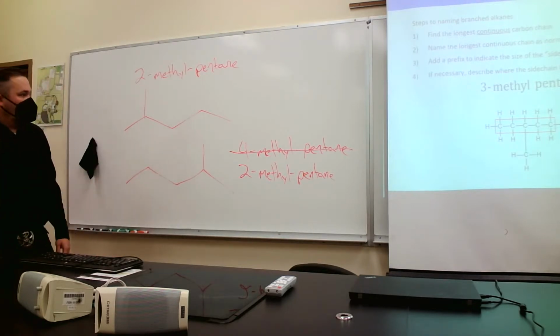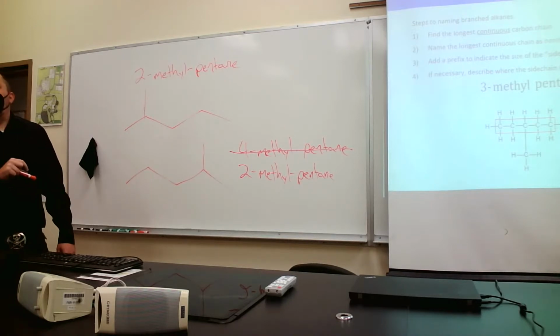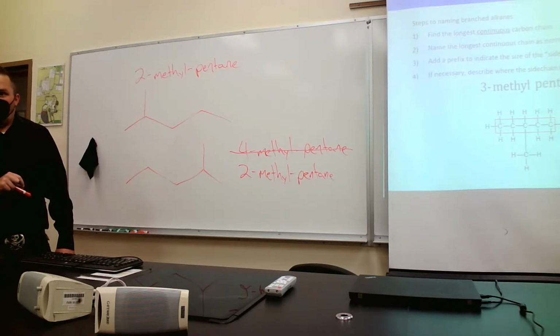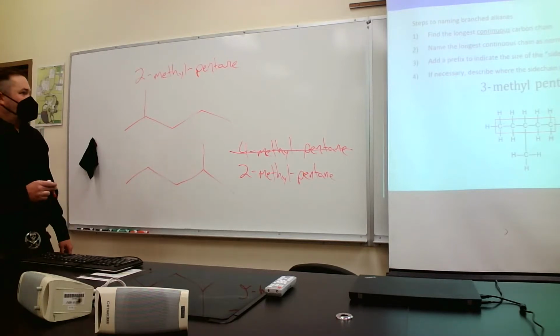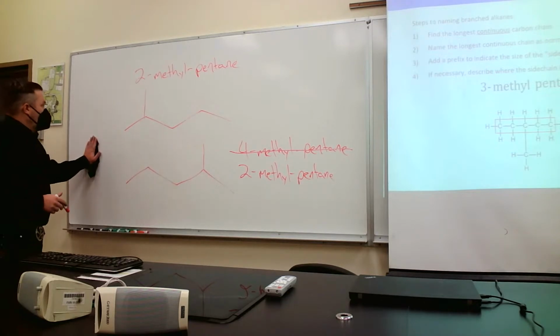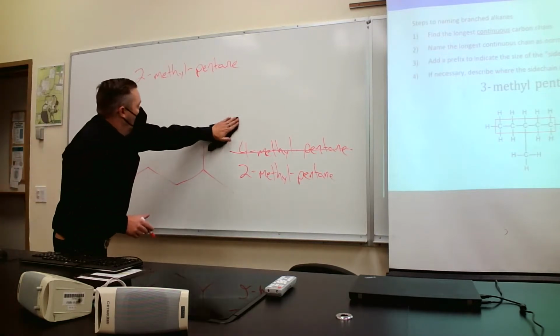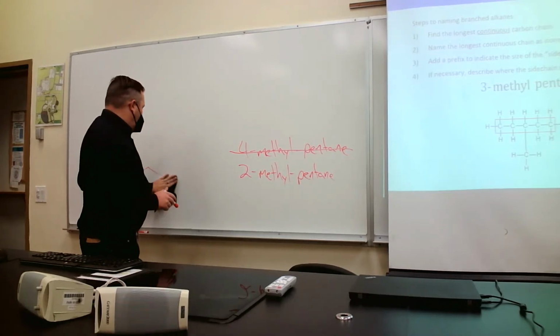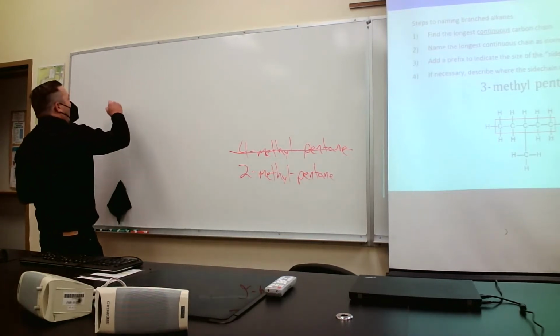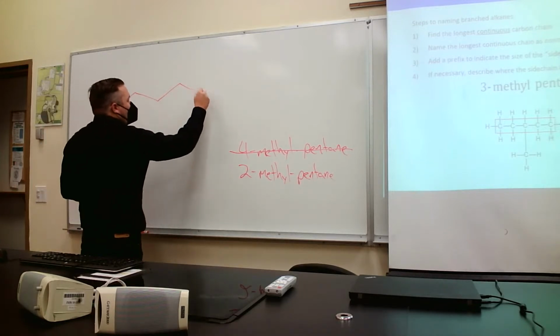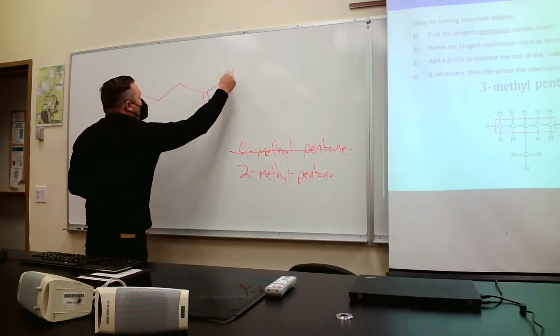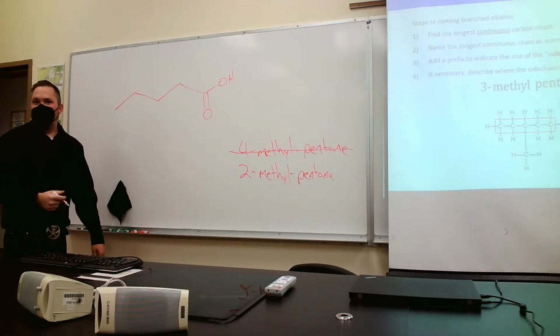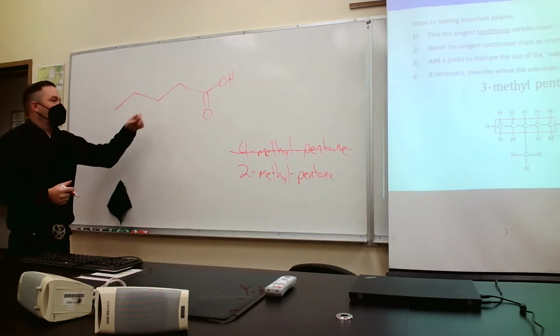It'll always be a -yl, whatever it is after, if it's an alkane branch. There are other branches out there. For instance, whatever the most important functional group is going to always be named at the end of the molecule. But you can have multiple functional groups on the same molecule, so this would be pentanoic acid, longest carbon chain is 5 carbons.